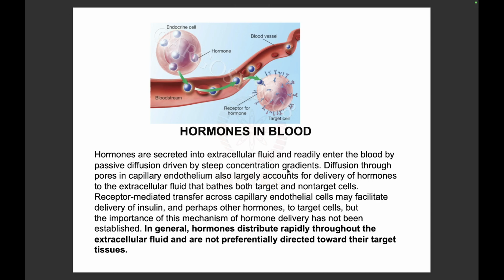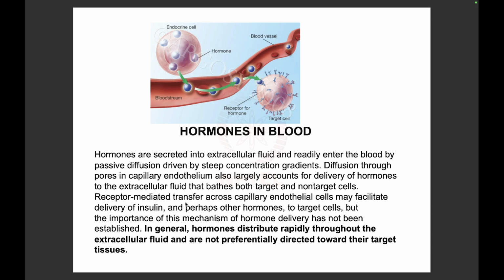Okay, so these are the hormones in the blood. Hormones are secreted into extracellular fluid and readily enter the blood by passive diffusion driven by steep concentration gradients. Okay, so diffusion through the pores in the capillary endothelium also largely accounts for delivery of hormone to the extracellular fluid that binds both target and non-target cells.